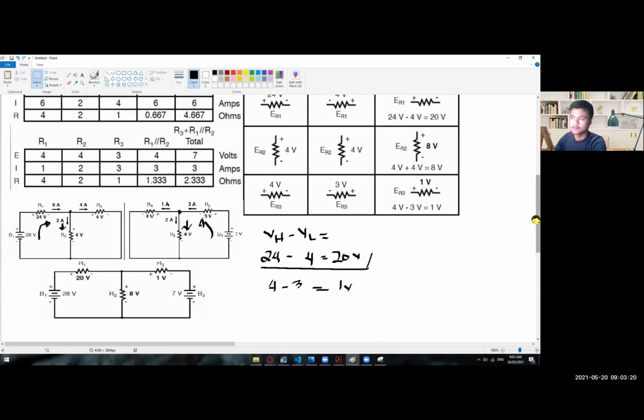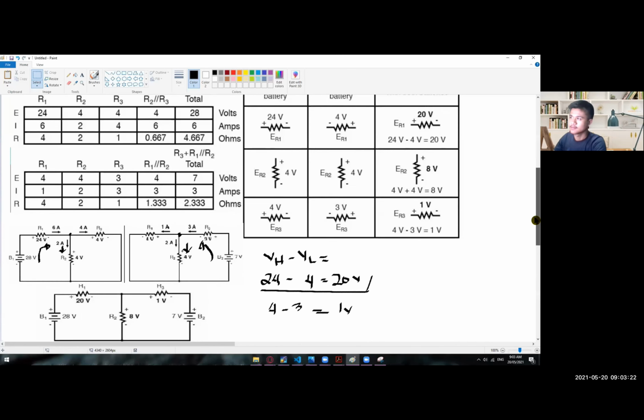Okay, so let's take a look on your screen and analyze everything. Again, to avoid confusion, all of their values are positive.